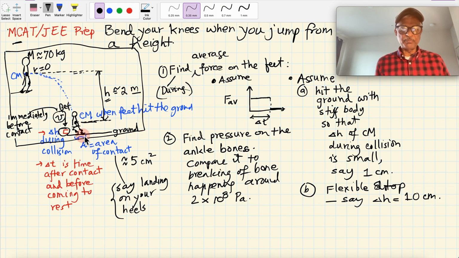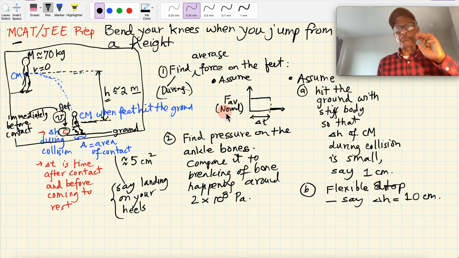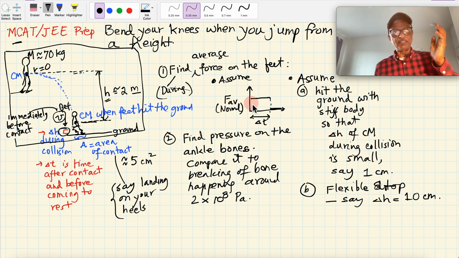During this process of slowing down after hitting and coming to rest, there will be a force from the ground on you, the normal force, and we're supposed to figure out what the average will be, average in time.